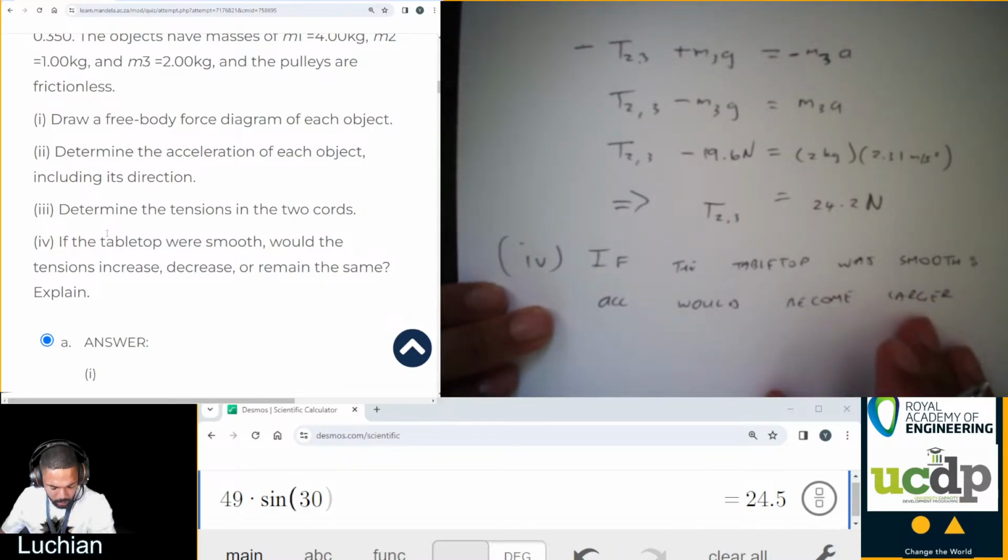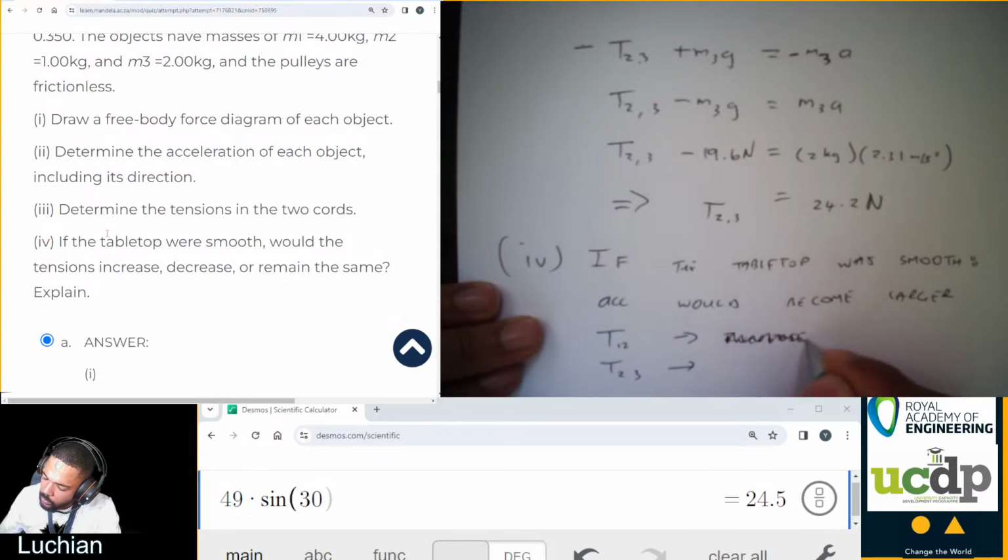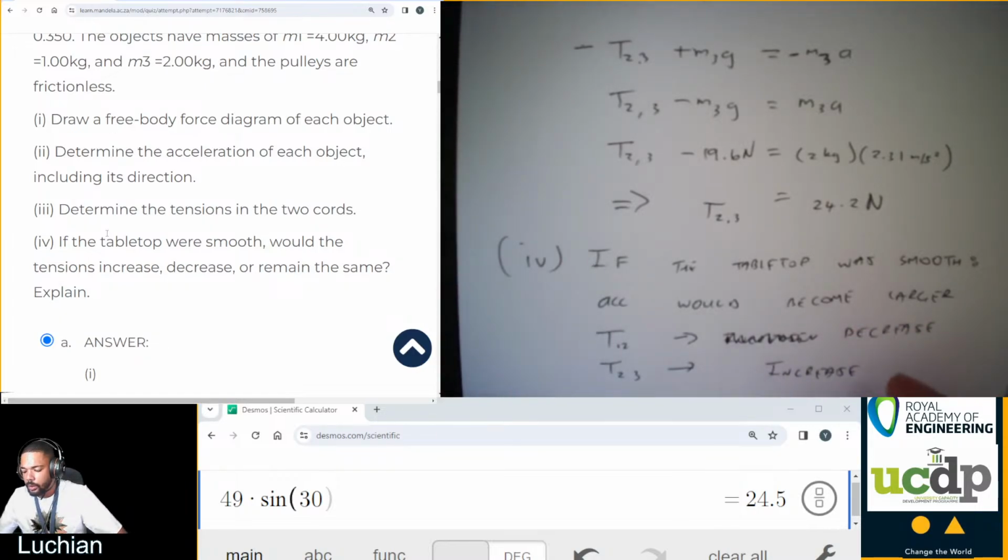And if the acceleration becomes larger, T12 would decrease, the original one, and the next one, T23, would increase, because of these equations.